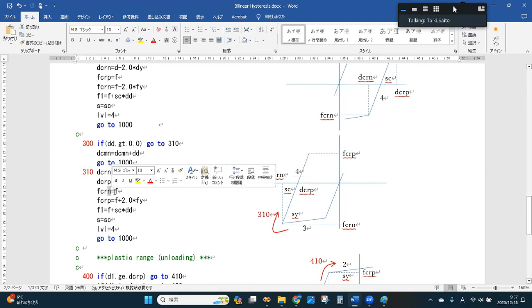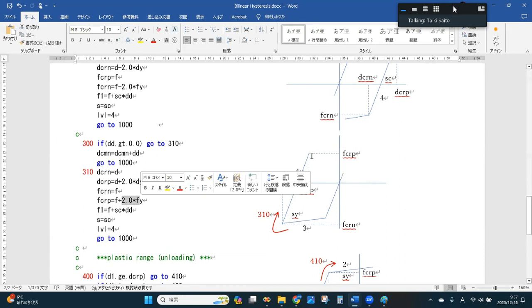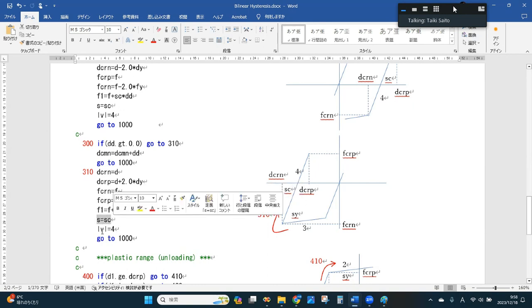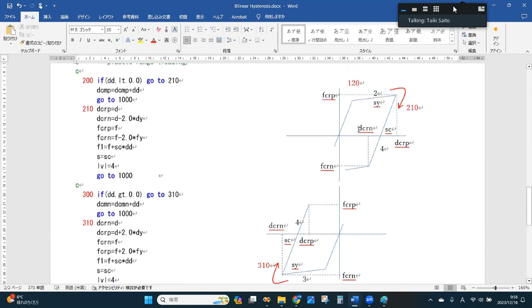Negative side force is F, this point. And you add 2Fy to get the positive side force. And the new force will be this one. And the stiffness is SC, level is 4. Almost the same as this one.